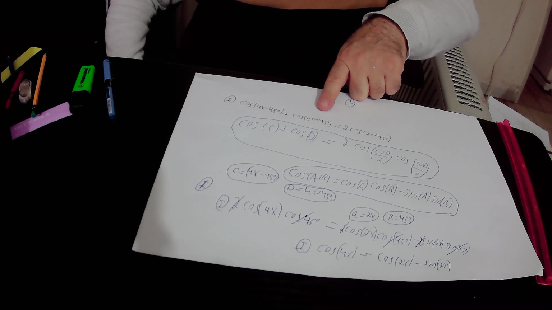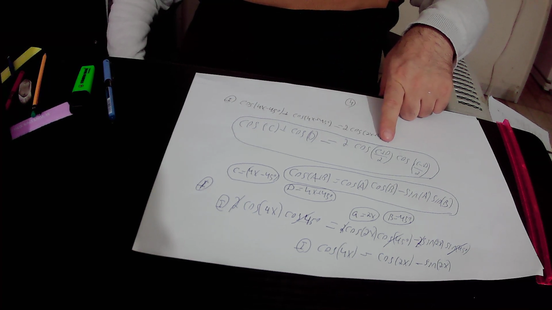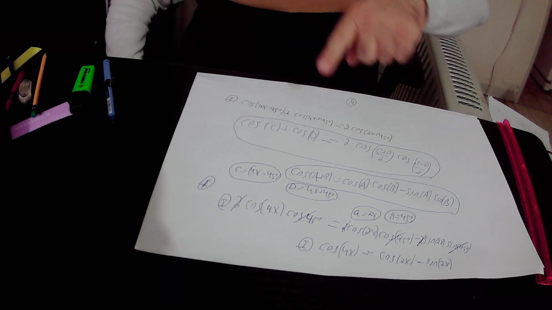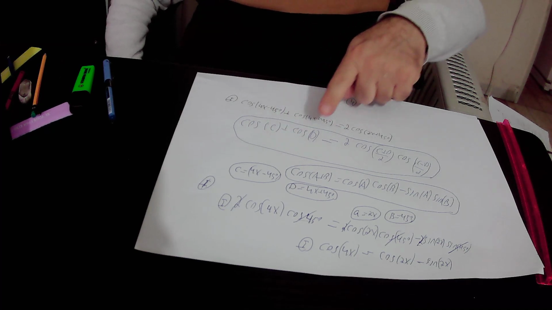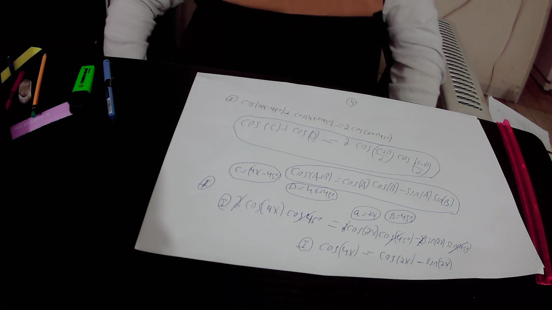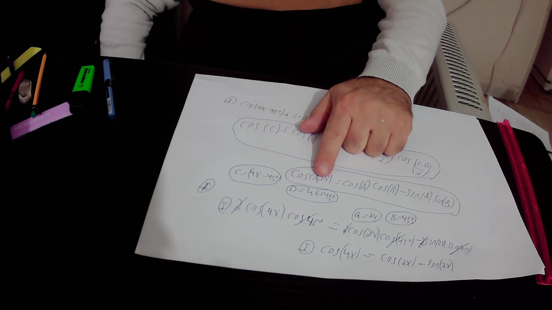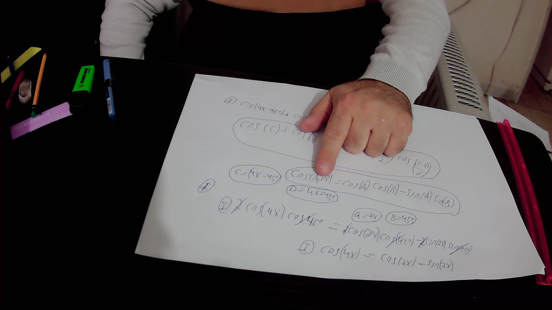So here cosine c plus cosine d equals 2 times cosine c plus d over 2. C is 4x minus 45 degrees and d is 4x plus 45 degrees. So c plus d, 4x plus 4x is 8x, and 8x over 2 is 4x. And the minus 45 degrees plus 45 degrees is 0.